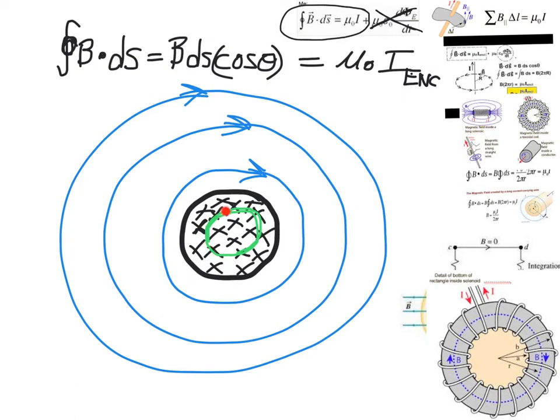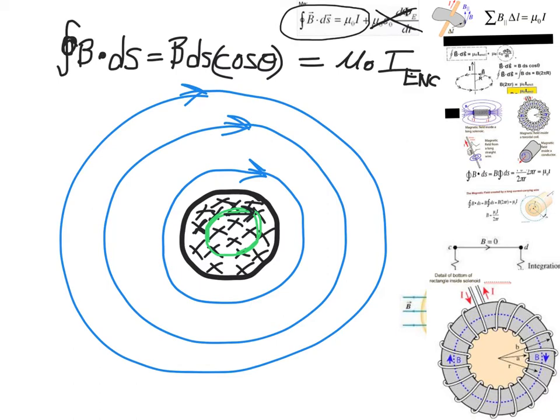So when I integrate around this loop, I'm going to argue the same thing: any ds that I choose is going to be parallel to the field because of the symmetry. The field, if there is a field, should be circular inside the wire.